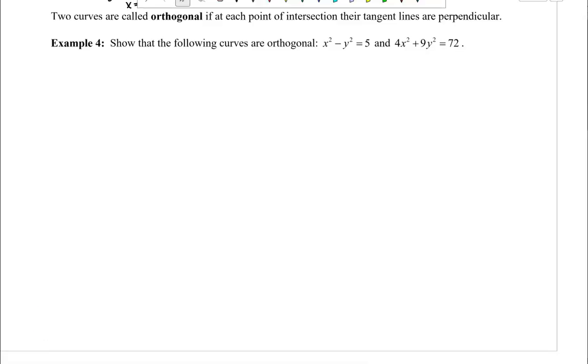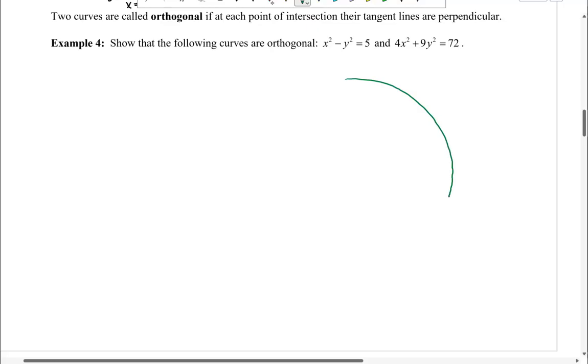Two curves are called orthogonal if at each point of intersection their tangent lines are perpendicular. So if we have one curve and a second curve, where the green curve has a tangent line at this point of intersection, maybe like this, and the purple curve has a tangent line at the point of intersection, maybe like that.